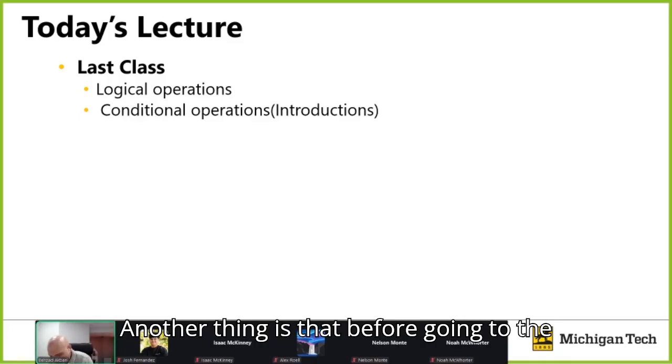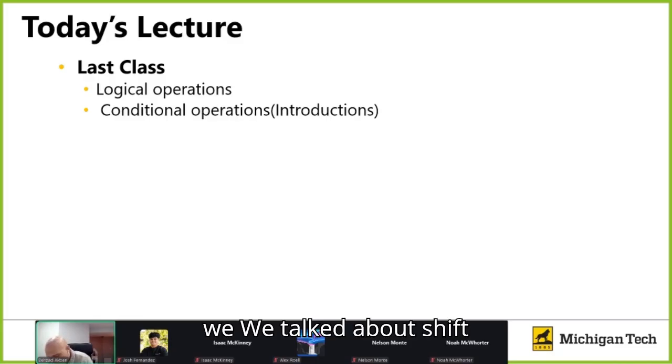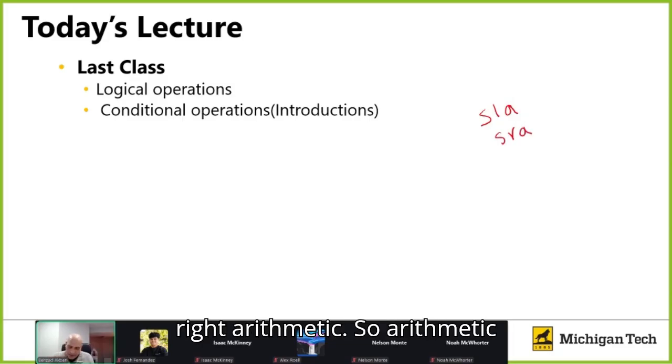Another thing that before going to the next topic I want to mention, we talked about shift left logical or shift right logical, but we also have shift left arithmetic and shift right arithmetic. Arithmetic means that just for signed numbers, when you are shifting a register, it keeps the sign.